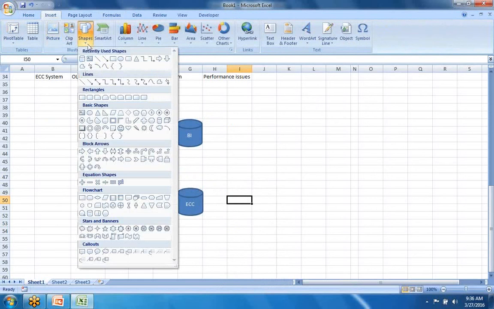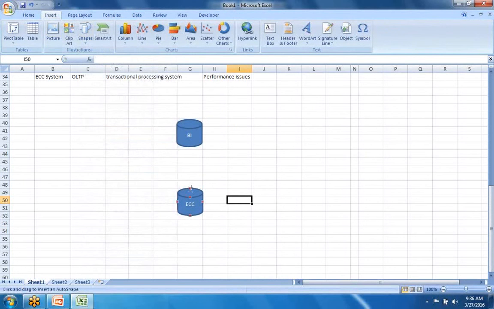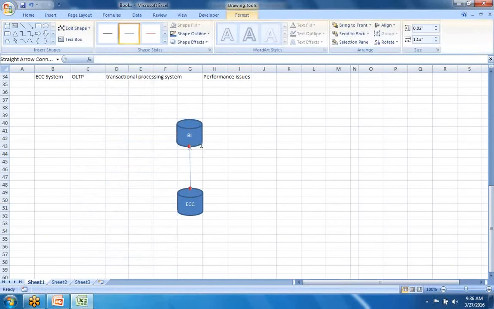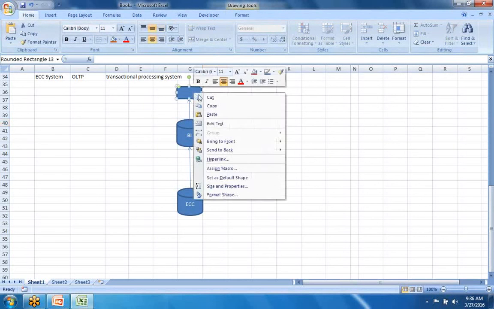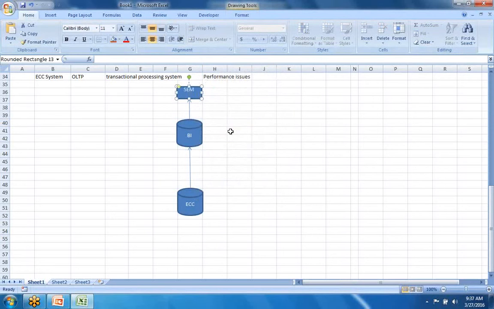The next step was to make the data available from ECC to BI cubes, and let the planning and consolidation run on top of BI. This is where we make this data of BI available to the planning and consolidation system and do the planning. So this is where SEM came into the picture.